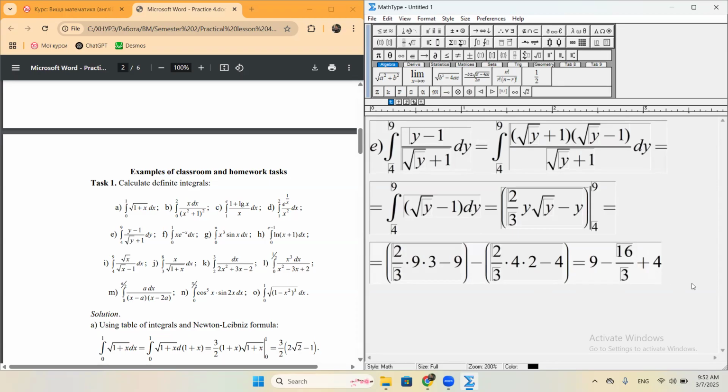So we have 13 minus 16 over 3, and the final answer will be 39 over 3 minus 16 over 3, which is 23 over 3. So this is the final answer. Any questions about this exercise?